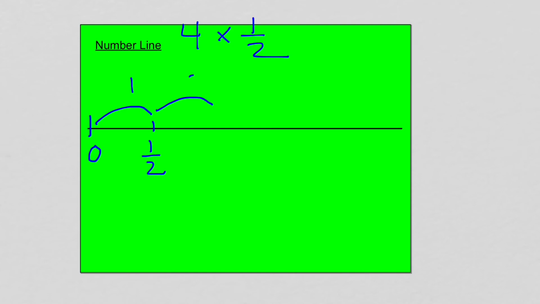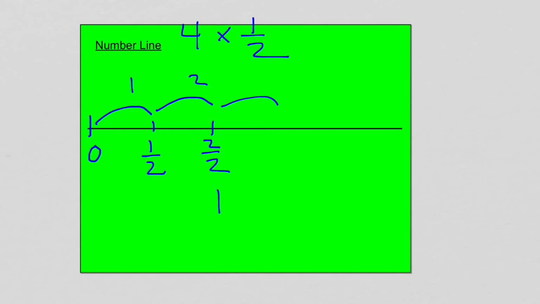As a number line, if we want to show 4 times 1/2, or 4 groups of 1/2, I start at 0 and I count up halves. There's 1/2, and then count up 2/2. That's 2/2, or 1.